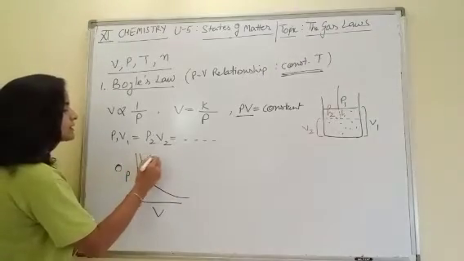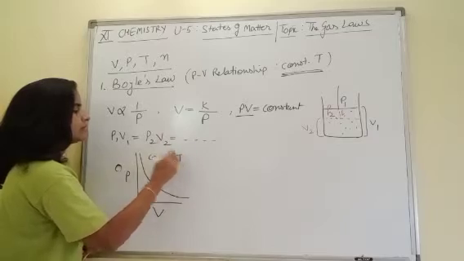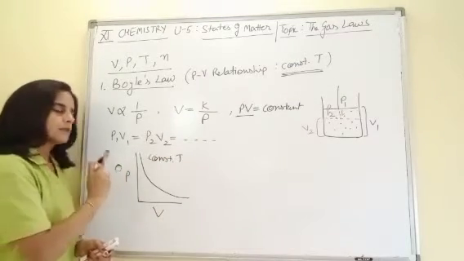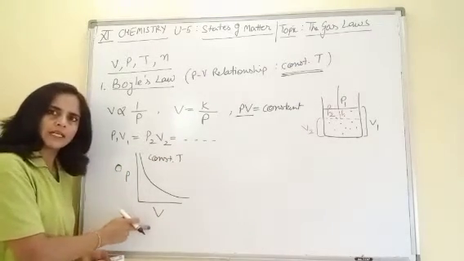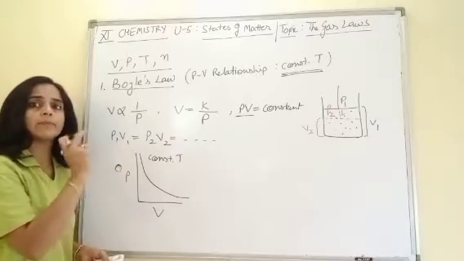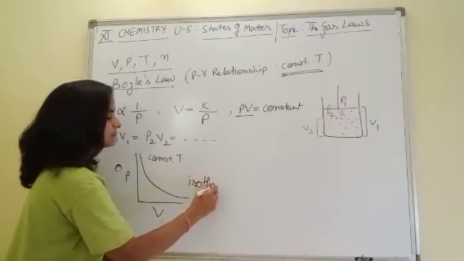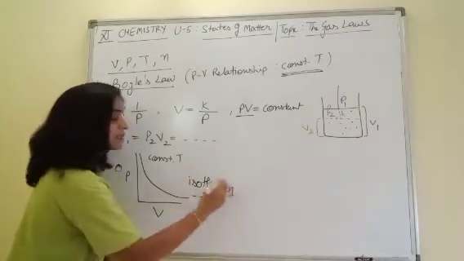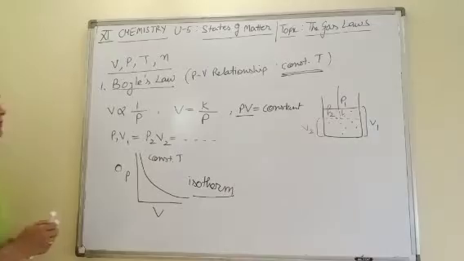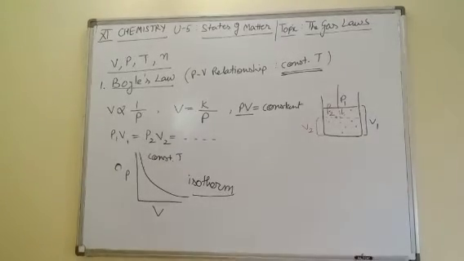And the condition for this graph is constant temperature. So the plot between pressure and volume at constant temperature is termed an isotherm. What do we call it, children? This is termed an isotherm.